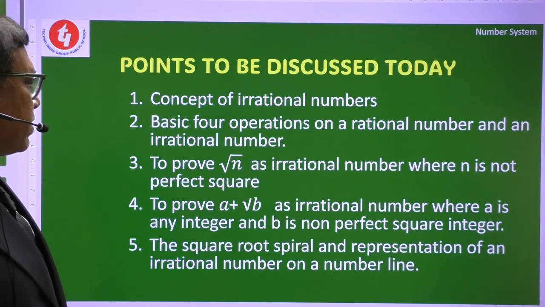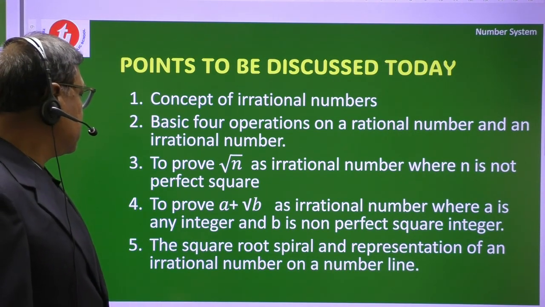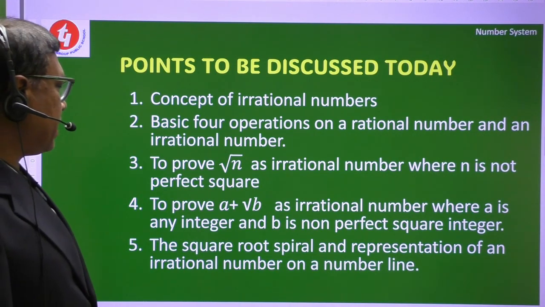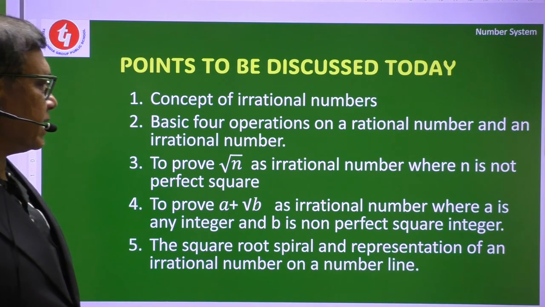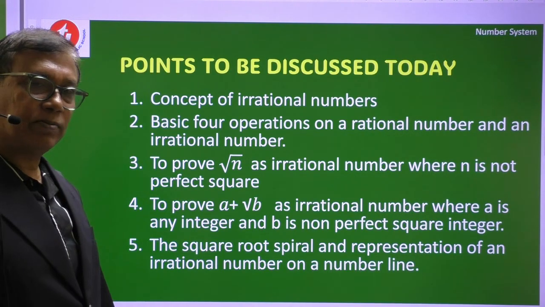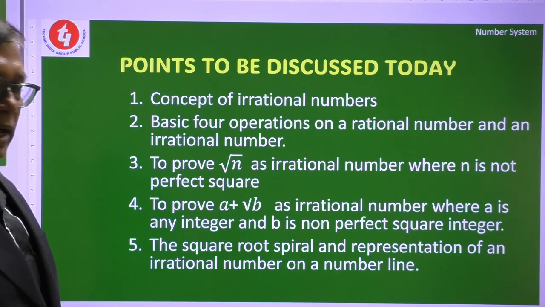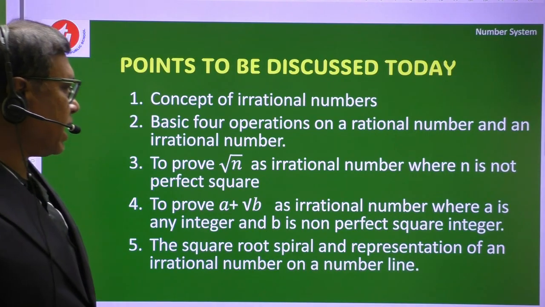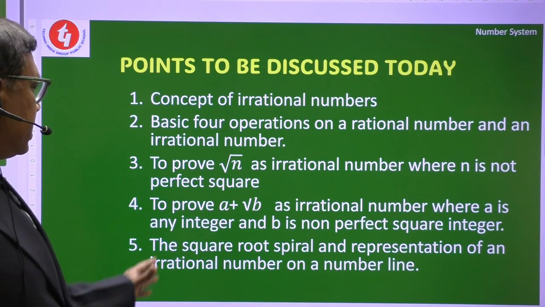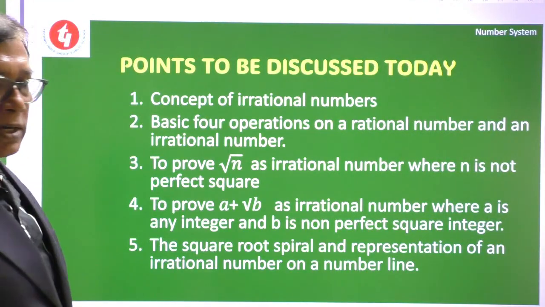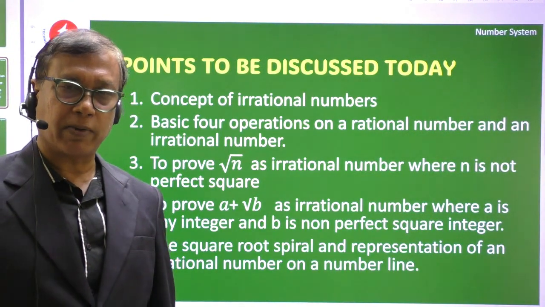Fourth point, we have to prove a plus root b is an irrational number, where a is any integer whereas b is a non-perfect square integer. And fifth point, the square root spiral and representation of an irrational number on a number line. So these 5 points I will discuss one by one.